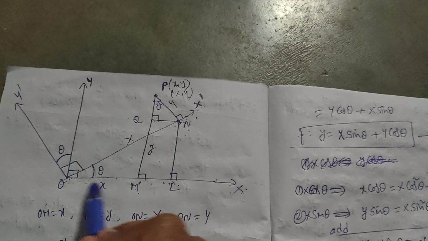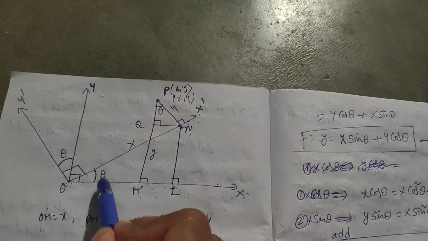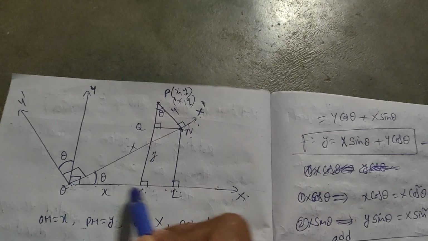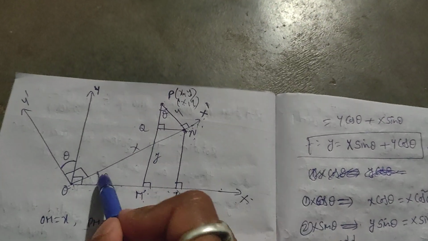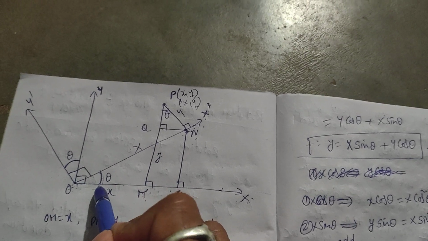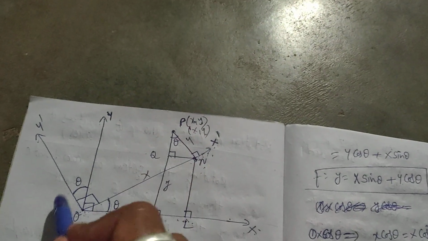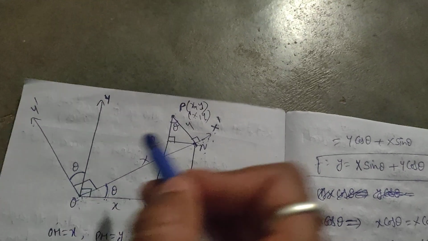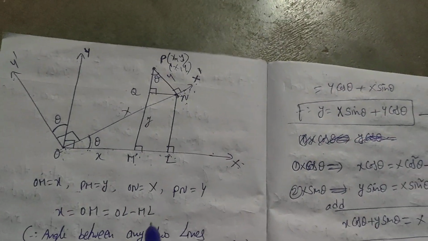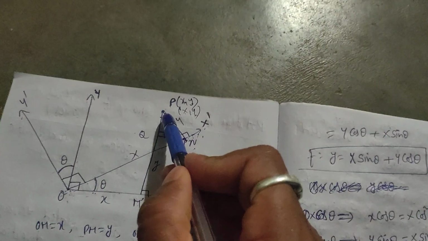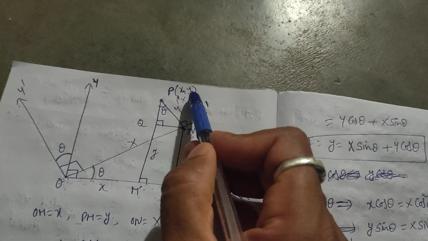This means if OX is rotated through an angle theta, then OX becomes OX dash, and the angle between OX and OX dash is theta, and OY becomes OY dash, and the angle between OY and OY dash is also equal to theta. Let P be any point P x comma y.